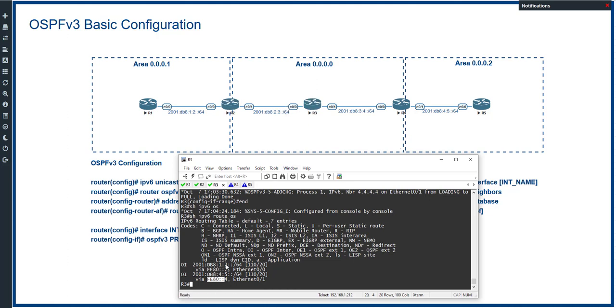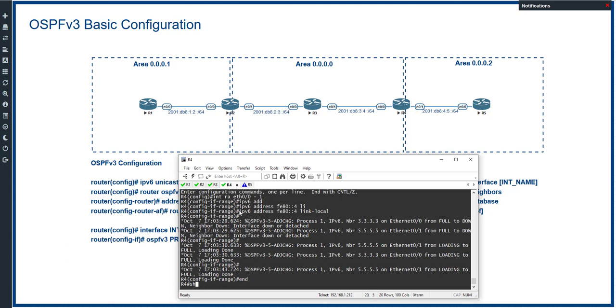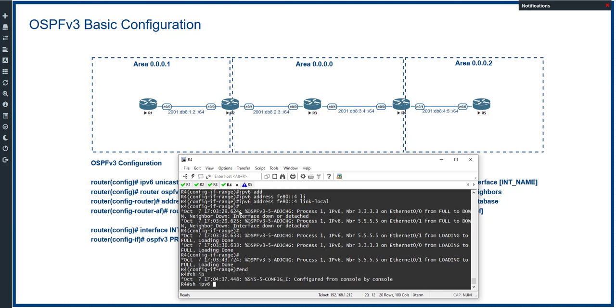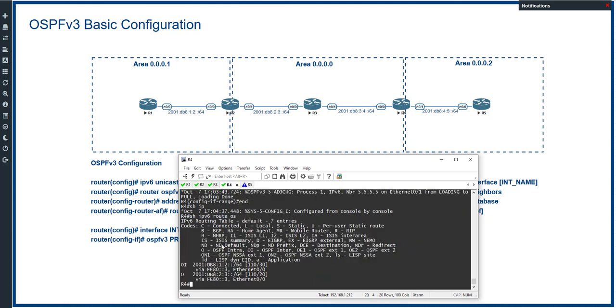As you can see, it is so easy. And then in router 4, show IPv6 route OSPF. The next hop is FE80::3. Because of that, it is recommended to configure the link-local addresses with a simple convention.